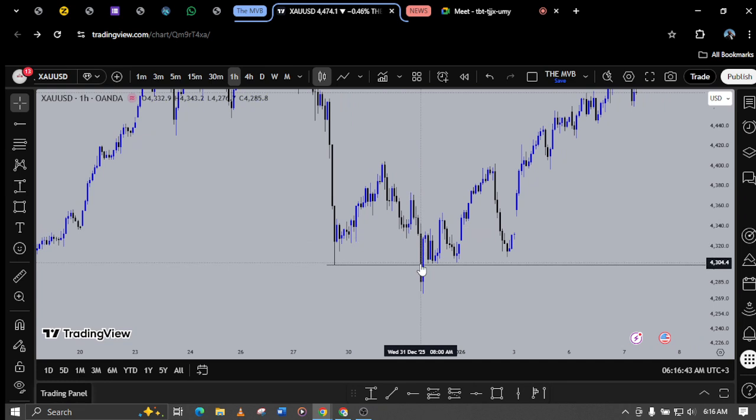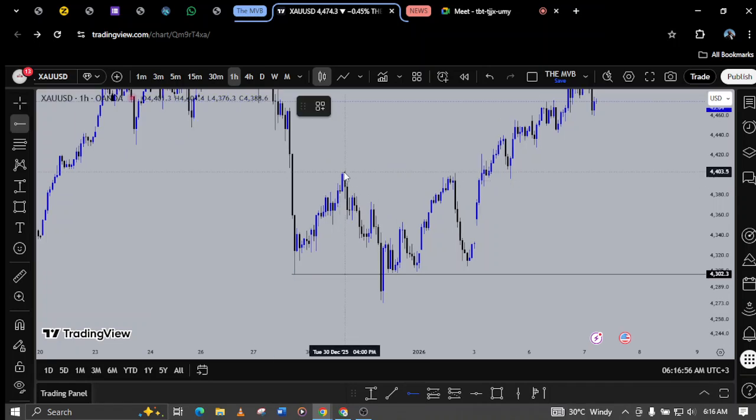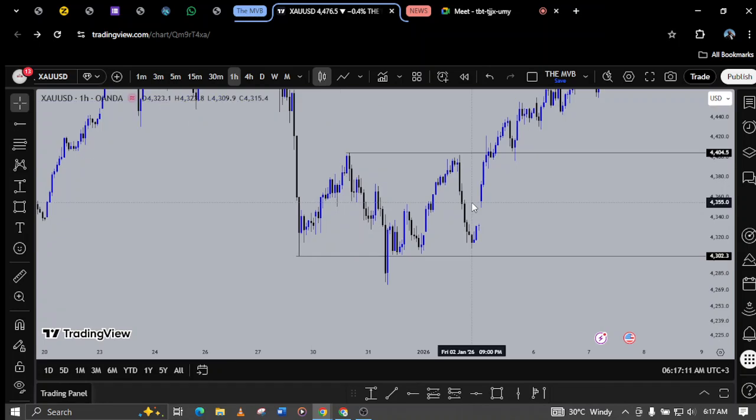Inside here, we cannot trade only the previous minor, the current minor. No. We have to consider the whole structure. You can see we have reasons why price went all the way up. We have fundamental reasons and also technical reasons.